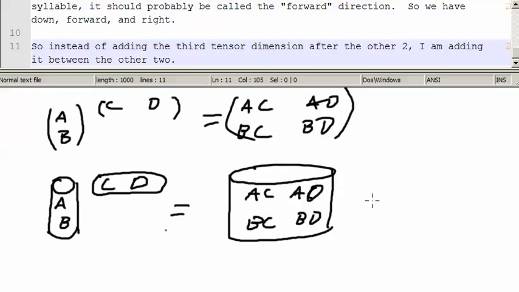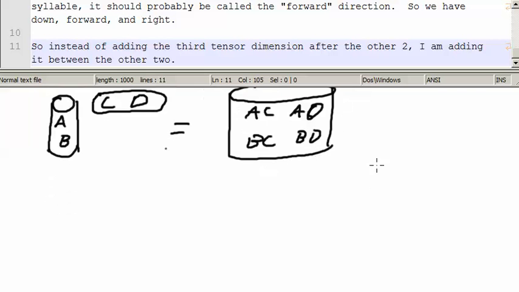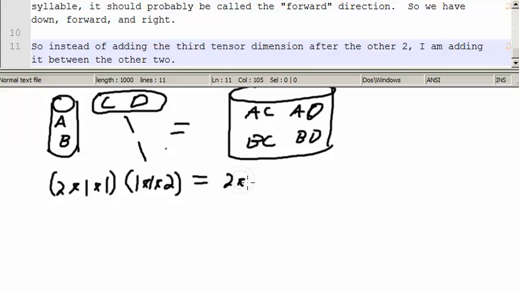Instead of adding the third dimension after the other two, I am adding it between the other two. So this is going to be called a 2 by 1 by 1 matrix. This one is a 1 by 1 by 2 matrix, and it provides a 2 by 1 by 2 matrix.